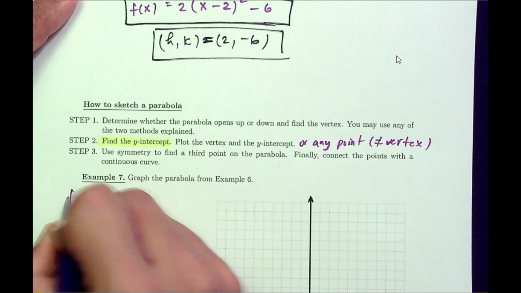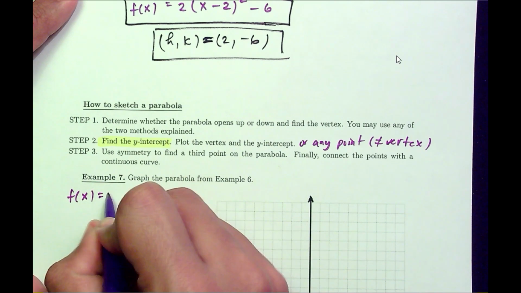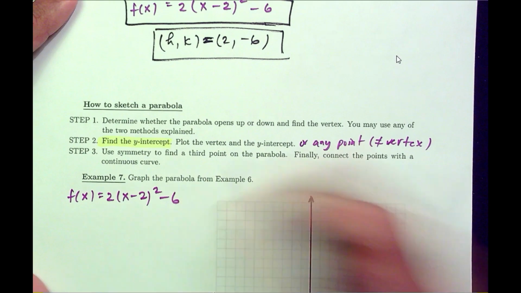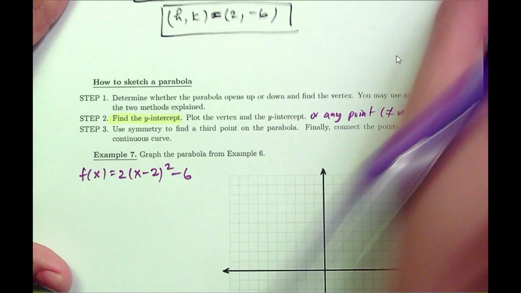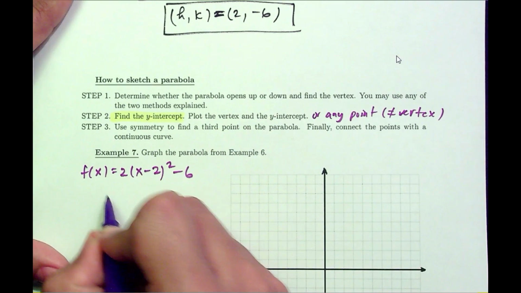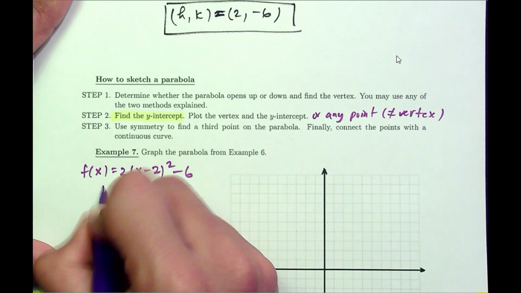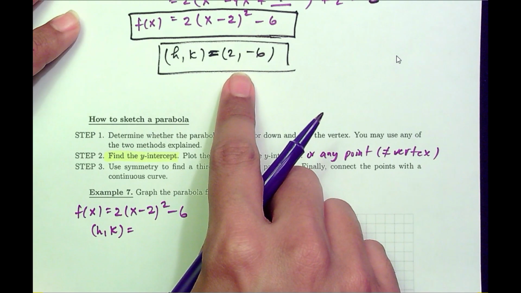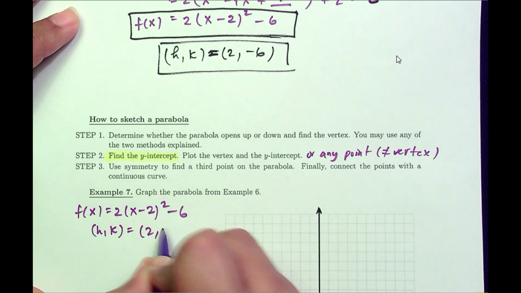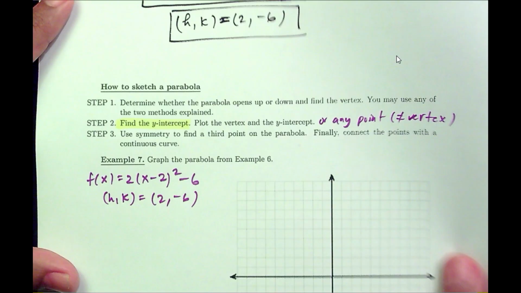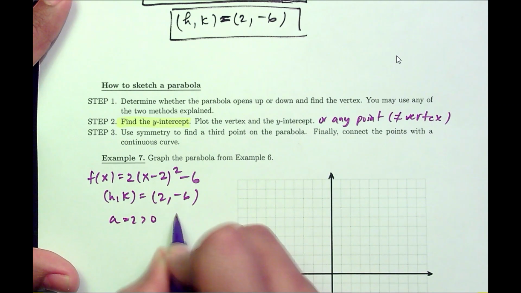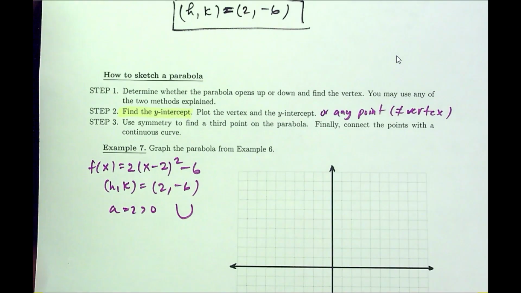So let me copy it here for my convenience: f(x) = 2(x - 2)^2 - 6. So you find the vertex. Again, you don't have to put it like this. You could have used the formulas. Well, the vertex we had said is (2, -6). And note that my a is 2, which is positive, so that means my parabola opens up.